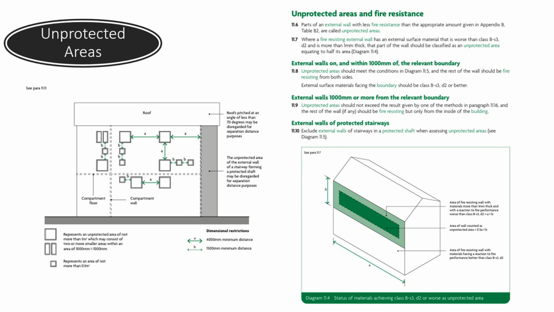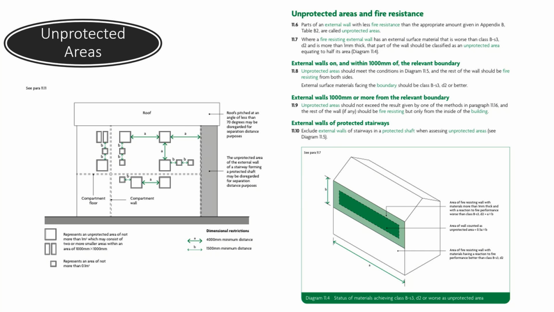Now there are two requirements. There's the surface spread of flame, which we'll come to next in terms of increasing the unprotected area. But if you are less than 1 metre from a relevant boundary, the maximum amount of unprotected area you can have is 1 metre, and also there's a requirement for fire resistance, not just surface spread of flame.